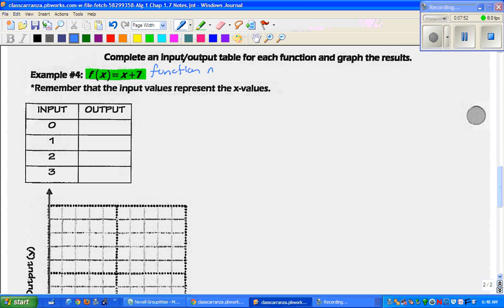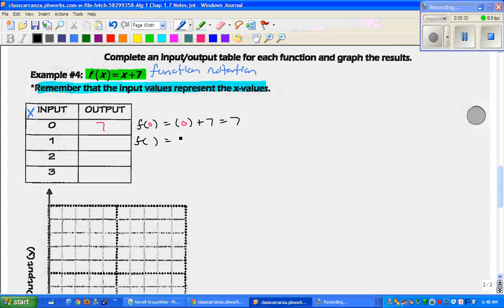This is function notation. And our little note says, remember that the input values represent the x. So in our equation, you're going to plug 0 in for x. And 0 plus 7 is 7. So that's what our answer is.